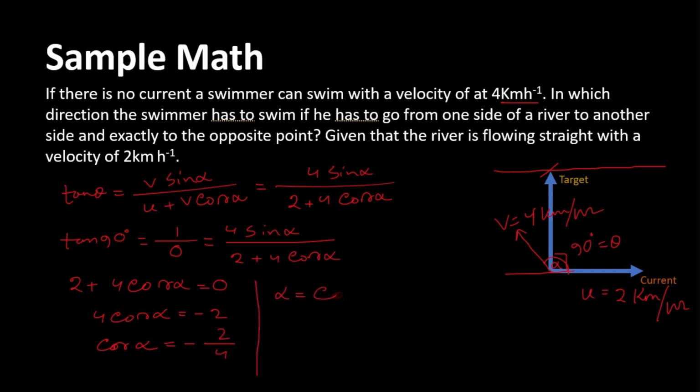Therefore, alpha equals to cos inverse minus half. We know the value of cos 120 degree is minus half. So alpha equals to 120 degree.